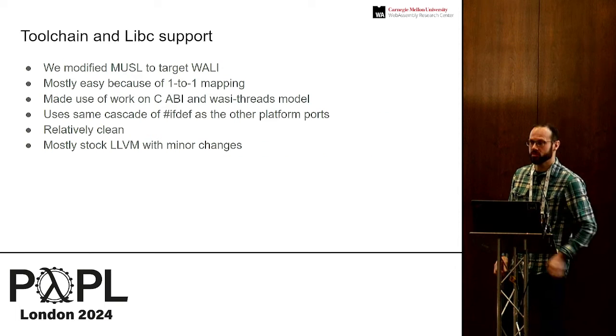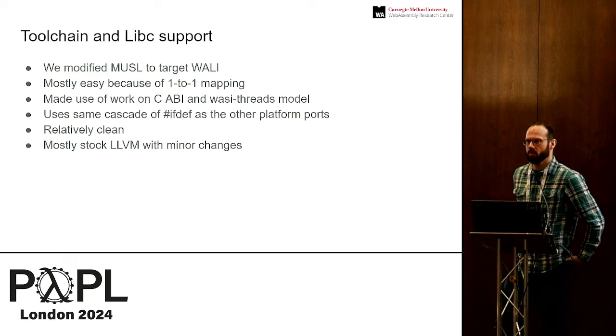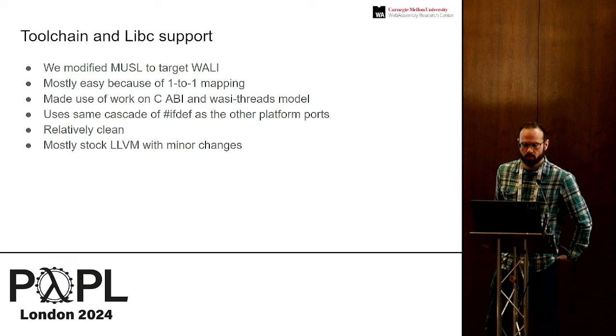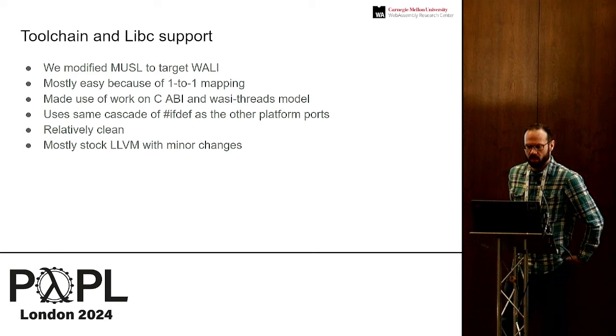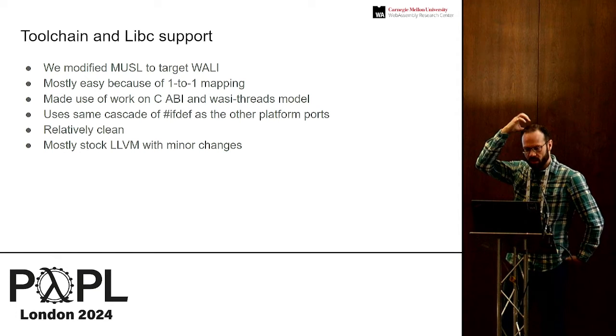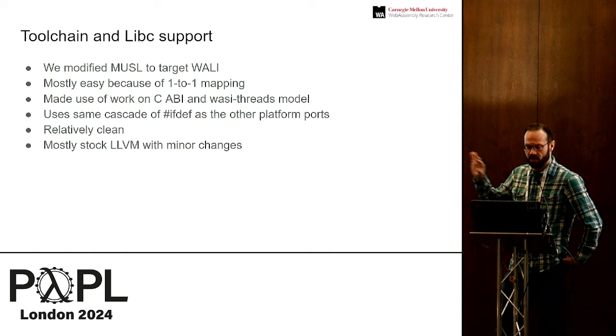Okay, so you need to modify the toolchain and libc a little bit. We started with musl, which is also where WASI starts with implementing their libc, and it was a little bit easier to do. So we started with unmodified musl, and we effectively used the same kind of ifdefs in C that you use for a different Unix, so it fits in as just a slightly different Unix.